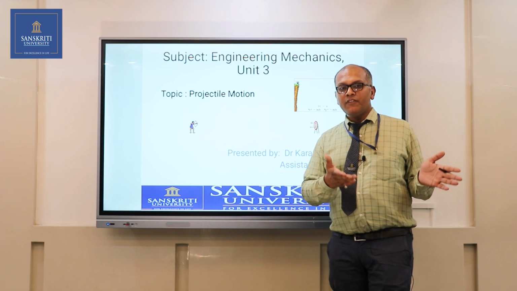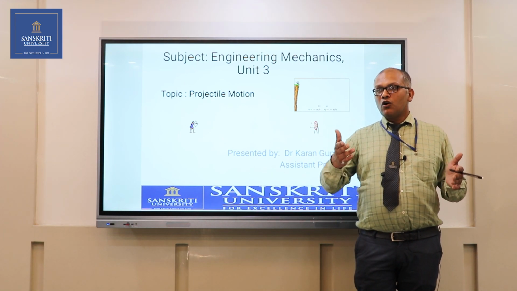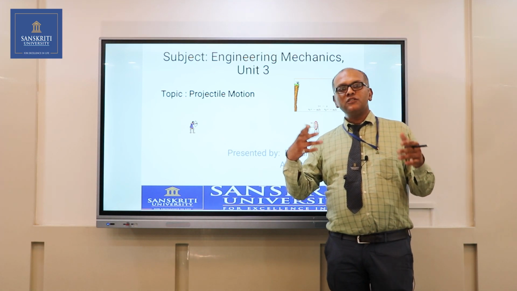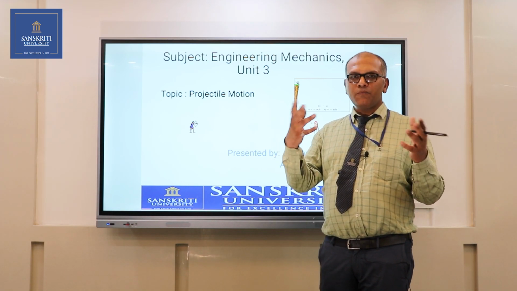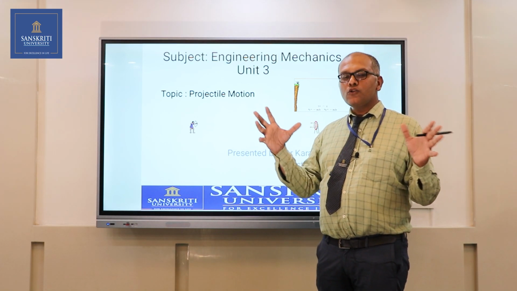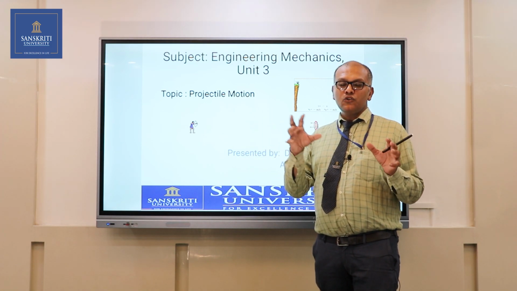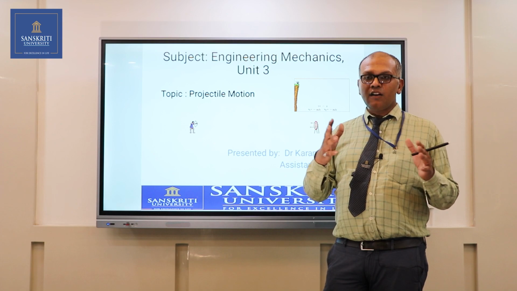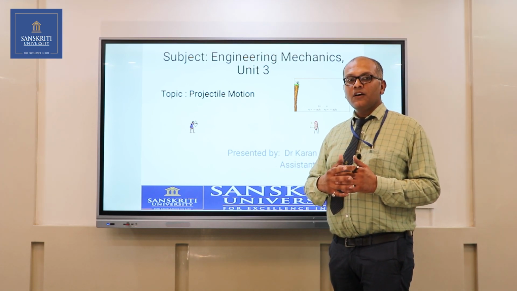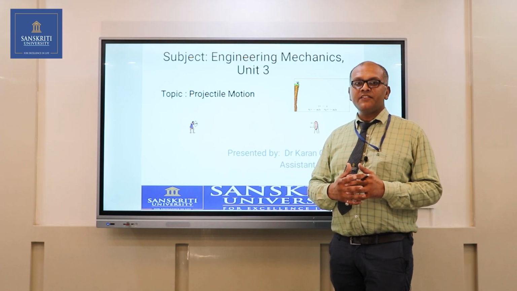Similarly, when Chandrayaan 3 was launched, although there was propulsion and more complex mechanics involved, they also used the concept of projectile motion to launch the rocket from Earth which contained Chandrayaan 3.